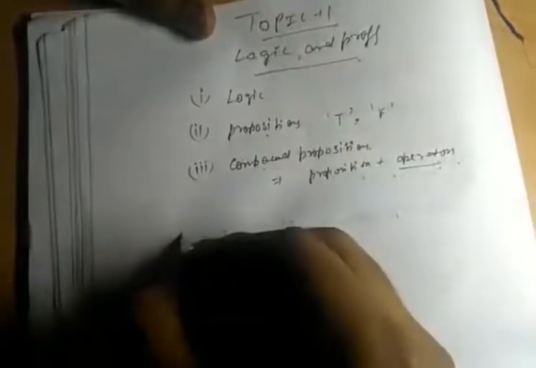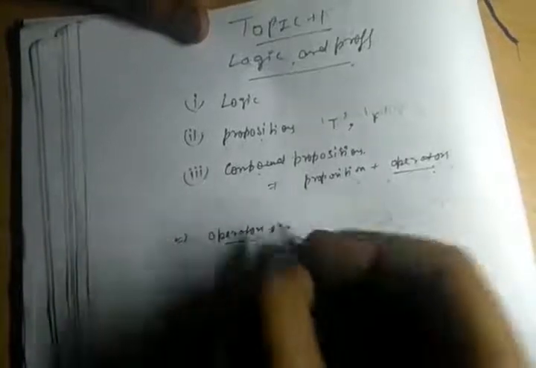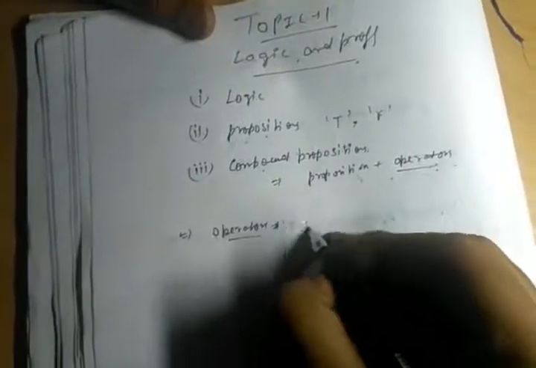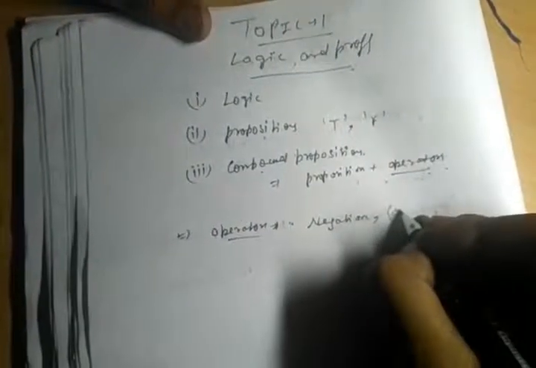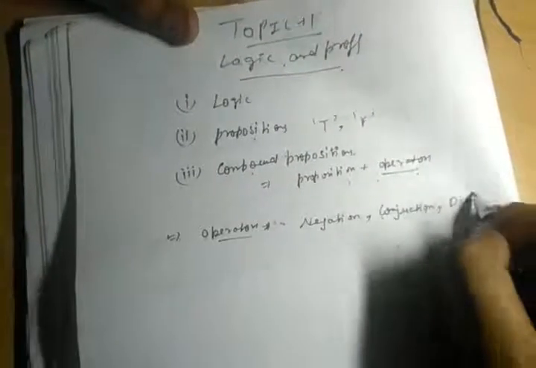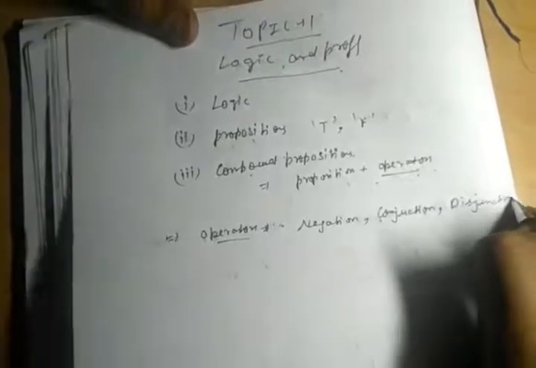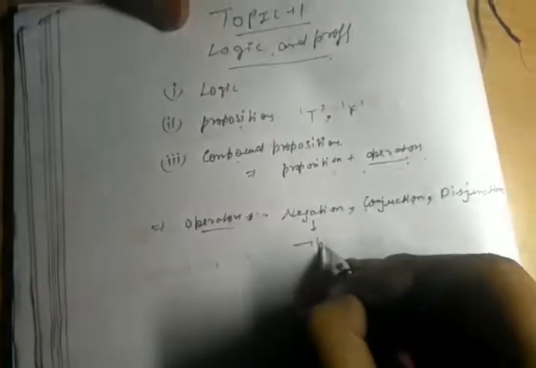First, what is an operator? There are three kinds of operators. The first is negation, the second is conjunction, and the third is disjunction. The negation operator is denoted by this symbol.